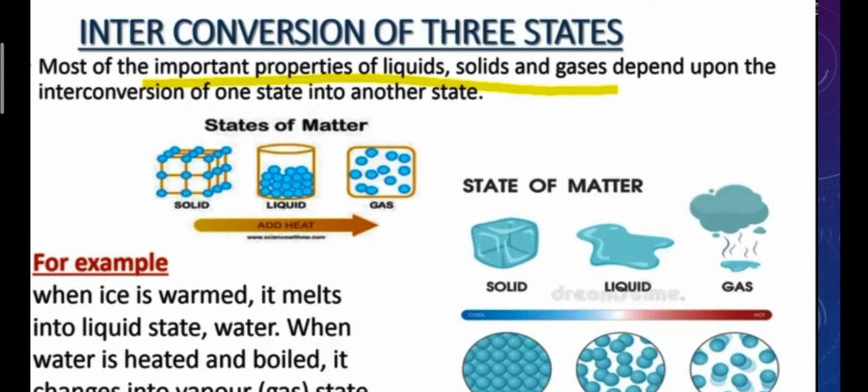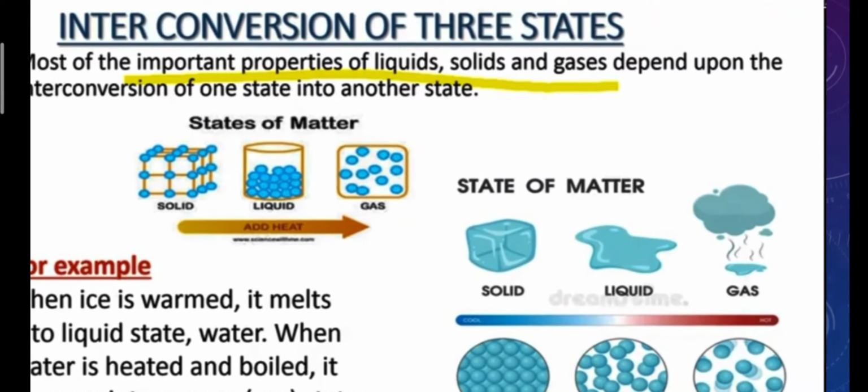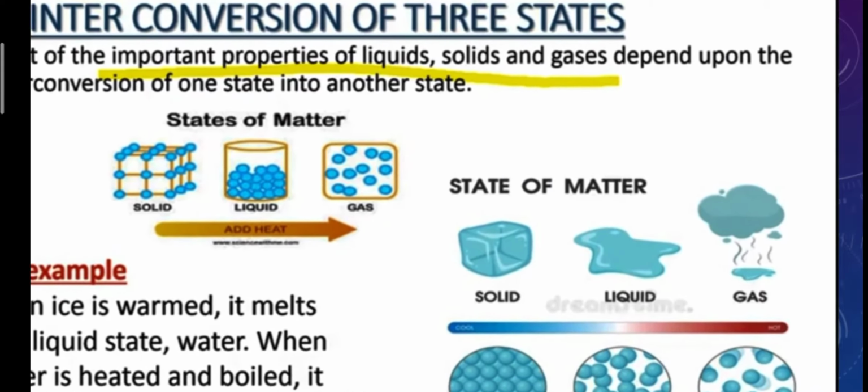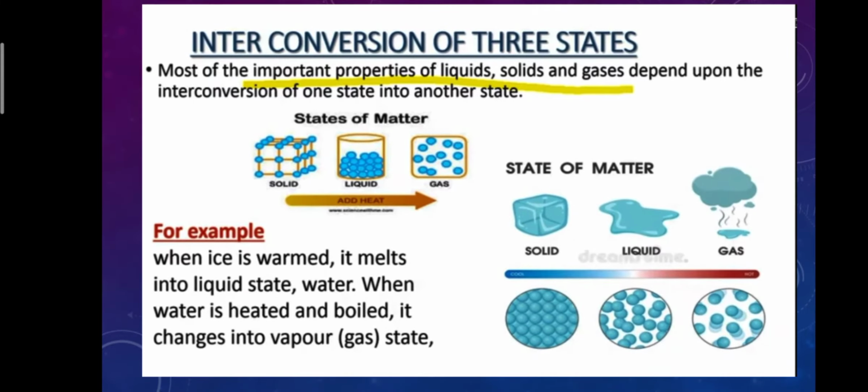If we heat solid, it converts into liquid, and if we heat liquid, it converts into gas. For example, when ice is warmed, it melts into liquid state, that is water. When water is heated and boiled, it changes into vapor, that is gaseous state.